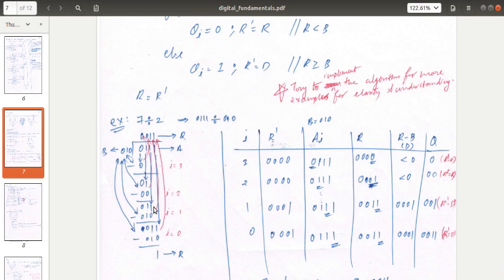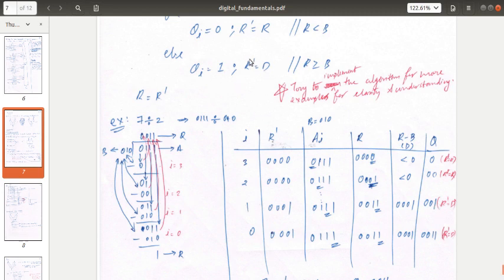And we are comparing it with B, and yes, R is greater than B, so Qi is 1 here, right? So finally we have a 1 in the quotient.